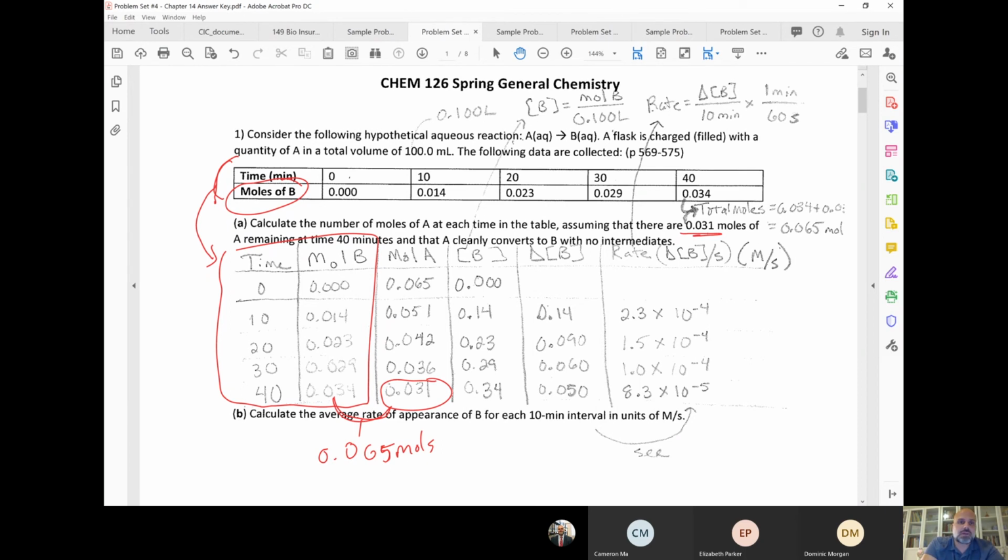The reason is that when we go from A to B, 1 mole of A goes over to 1 mole of B. So all that's done for the steps above is we take 0.065 and subtract from that all of these numbers, I'm going to place those numbers into that spot, and you calculate all the moles of A.